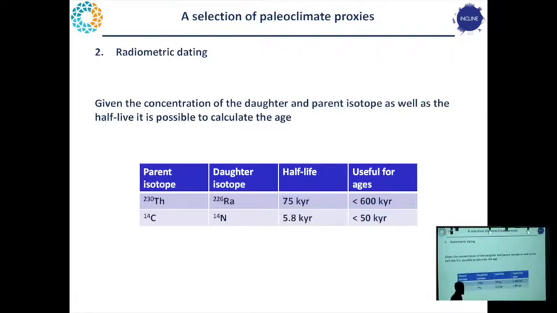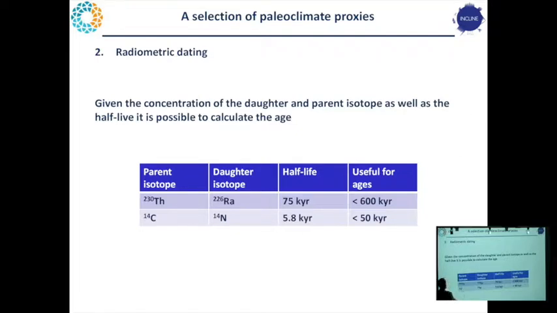Take, for instance, an ice core. I cannot apply thorium-230 to date an ice core because it's simply not present. This system simply does not work in ice cores. This works nicely in stalagmites. This works nicely in, say, marine cores, lacustrine cores.